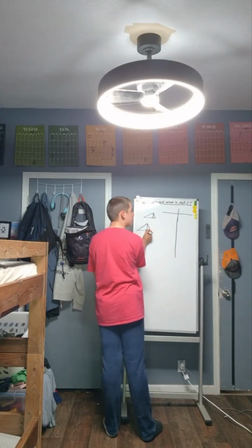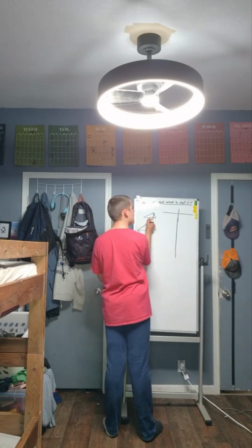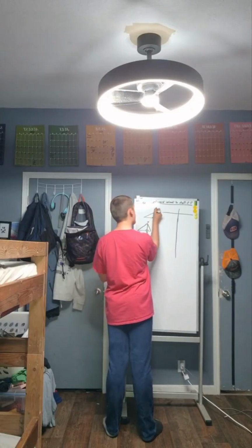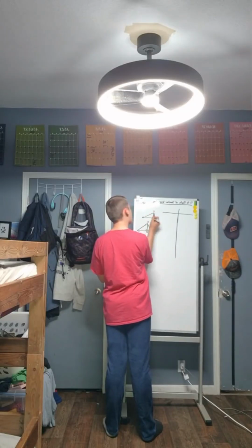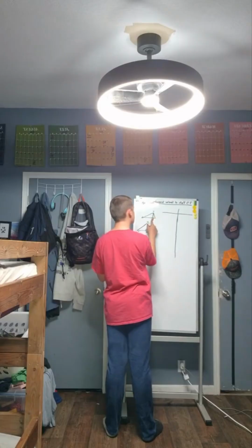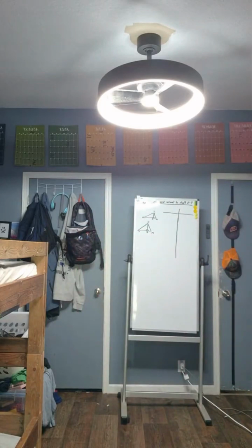M, P, L, K, then F, G, H, no, H, J. Why do you think geometry equals algebra? Geometry has some algebra to it. That's what's going on.